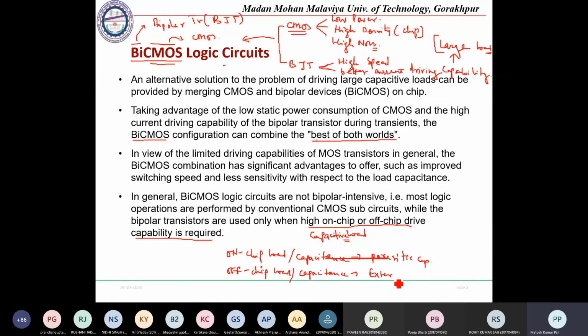Whatever external capacitive load is connected to a particular chip, that will be considered the off chip load. So the most important advantage of bi-CMOS is that it can handle higher on and off chip capacitive loads.